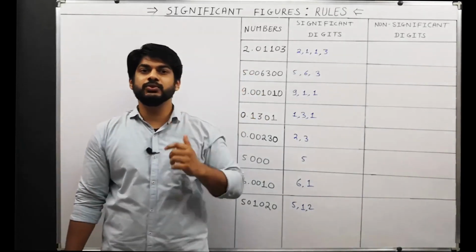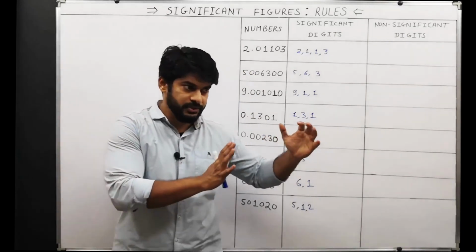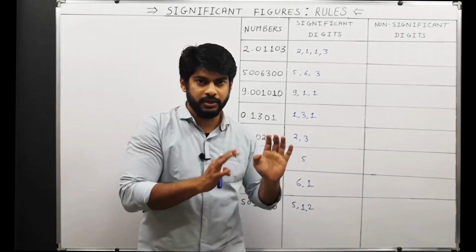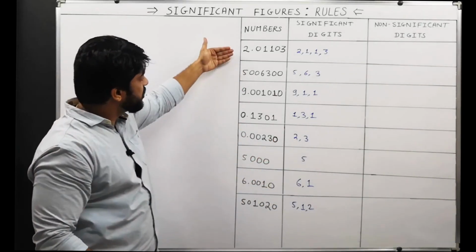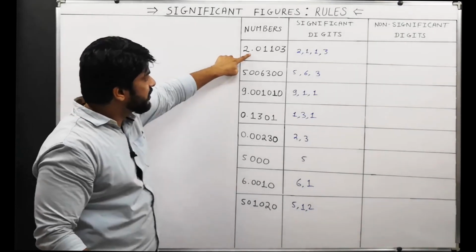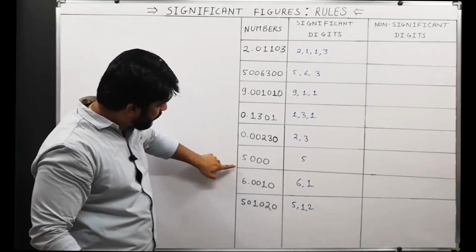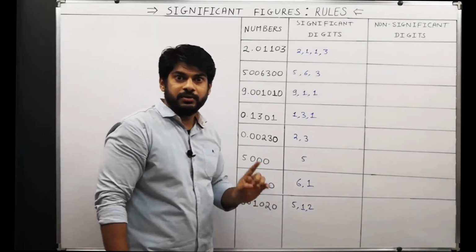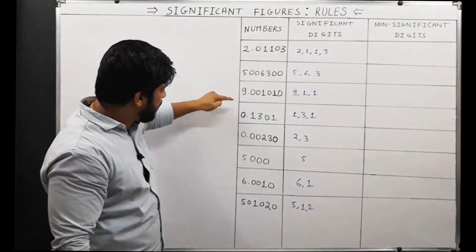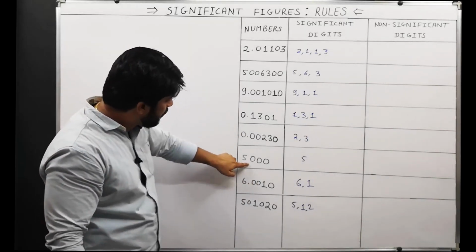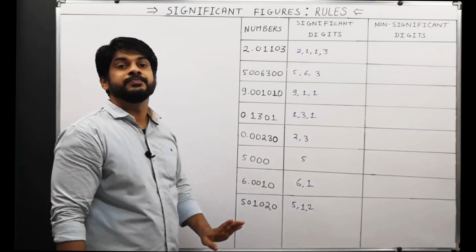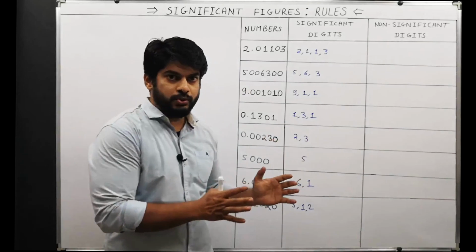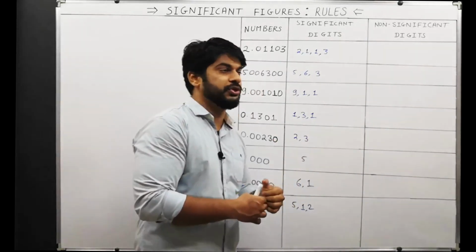Now actually the zeros that appear in any number, they appear in 3 ways. You can see here there are some numbers with a decimal point and there are some numbers without a decimal point. All these zeros appear in different ways over here.